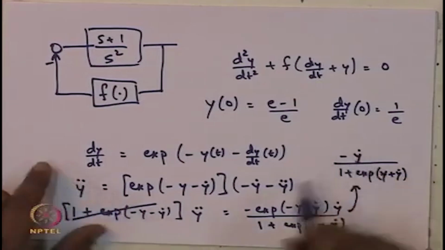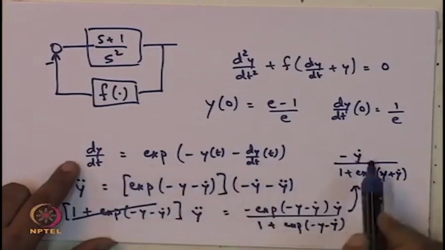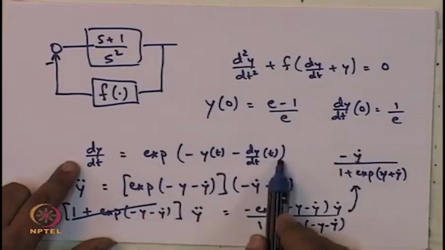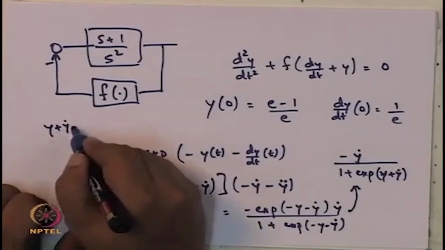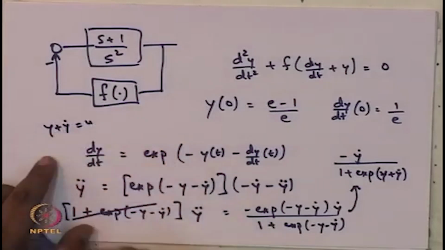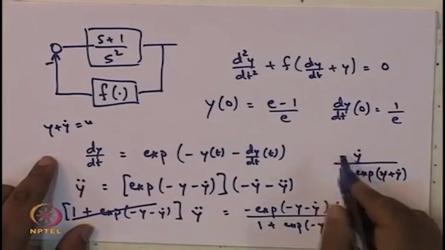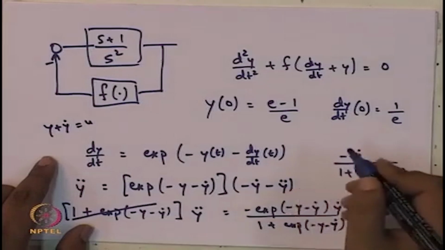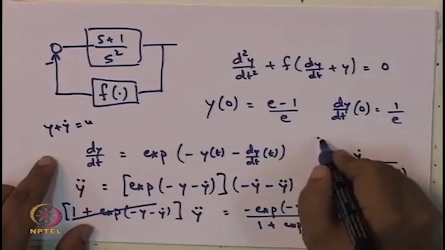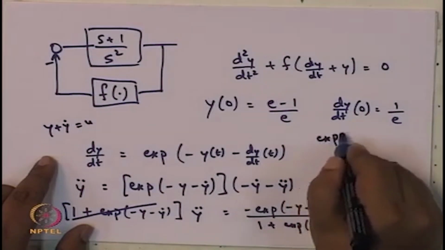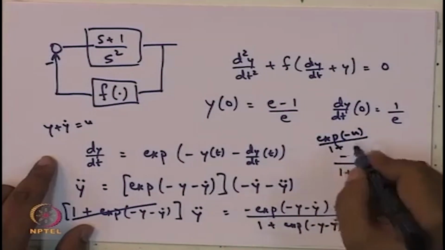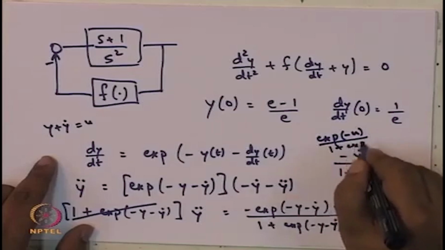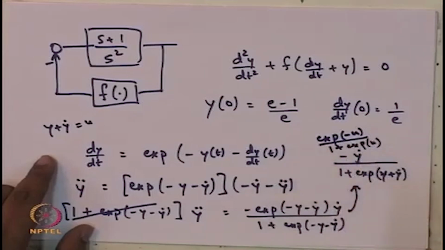Okay. And for y dot, we had said that this is the solution. So, for y dot we can substitute this, and if you now think of y plus y dot as u, then this expression is the same as exponential of minus u upon 1 plus exponential of u.